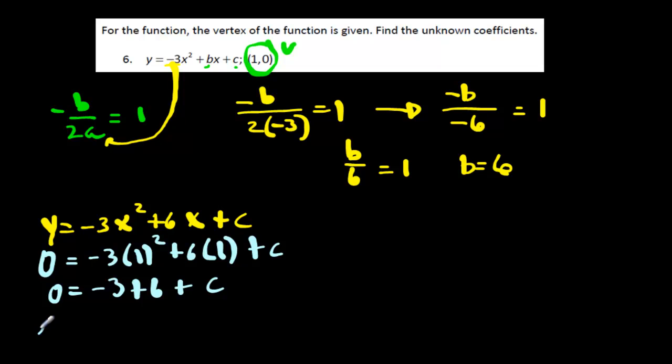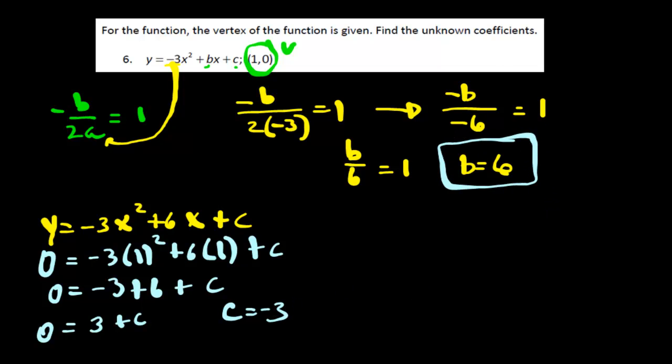So we have 0 equals, oh, I said the word. Darn it. Alright, 3 plus C, that means C is -3. So we've got B, we've got C, and we're all set.